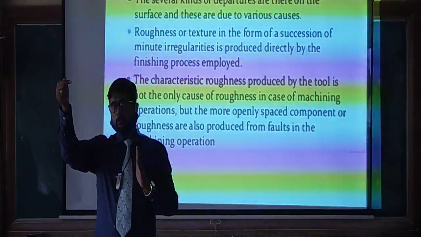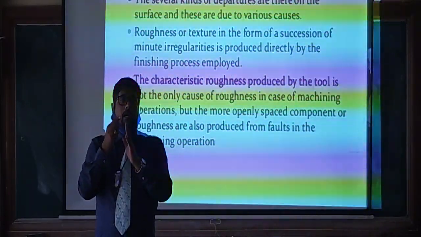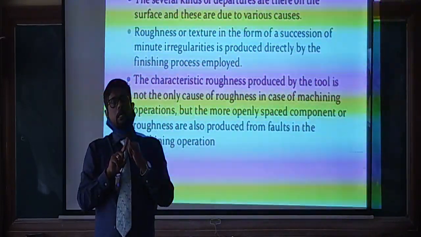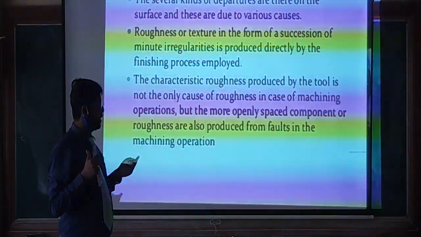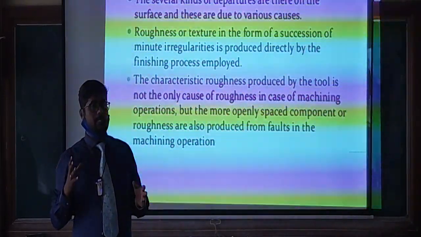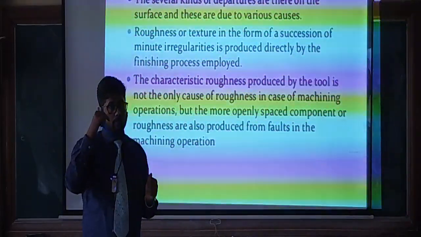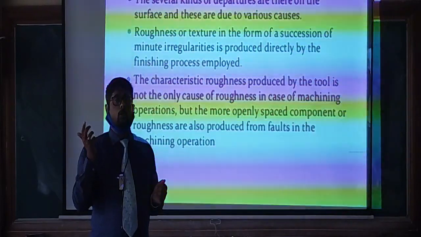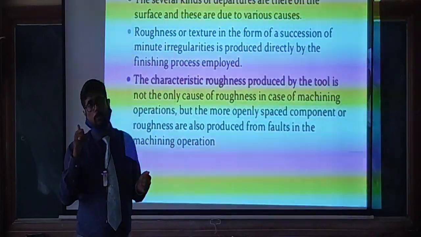The first parameter is the tool, meaning the material of the tool, whether I am using carbide, tungsten carbide, or PCD tooling, polycrystalline diamond tooling, operation wise. The second thing is the cutting parameters I am setting on the machine: cutting speed, feed, and depth of cut. And the fourth parameter is the nose radius of the tool, say R1, R2, R0.8, R0.4, R0.2.